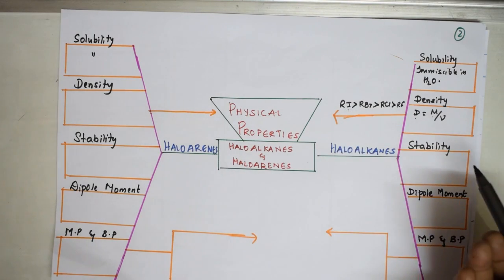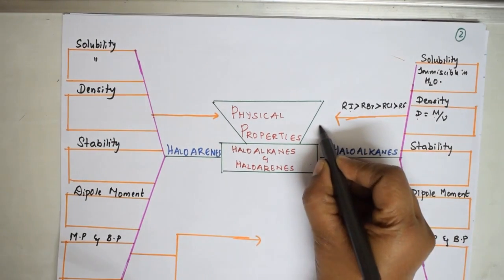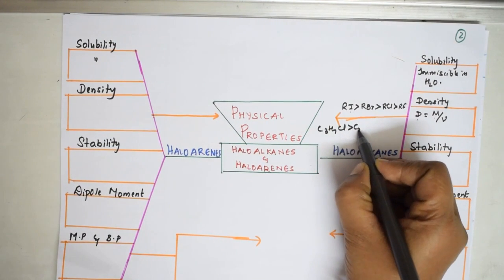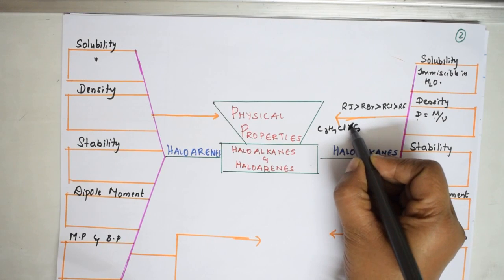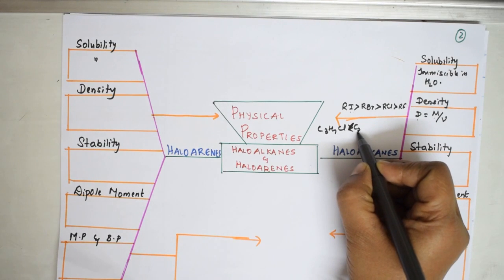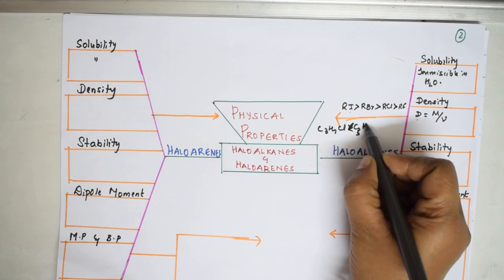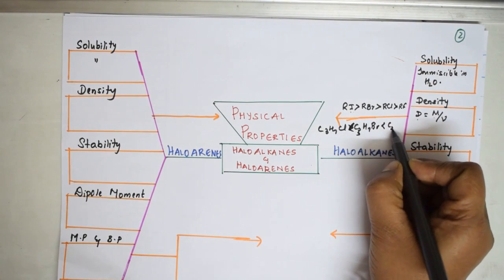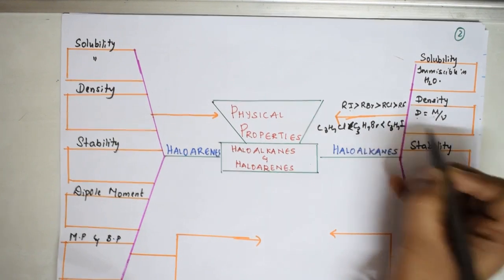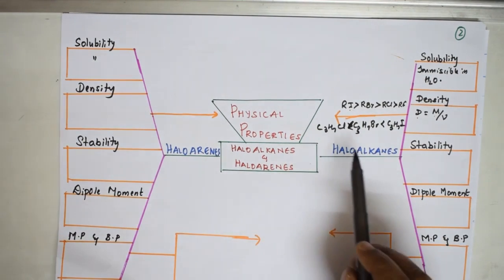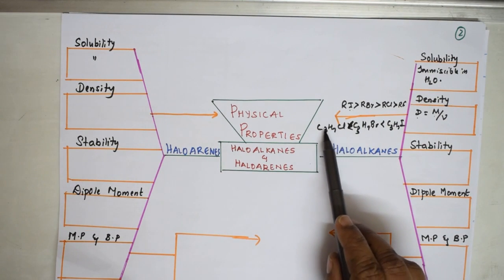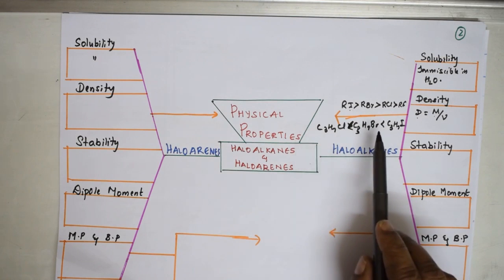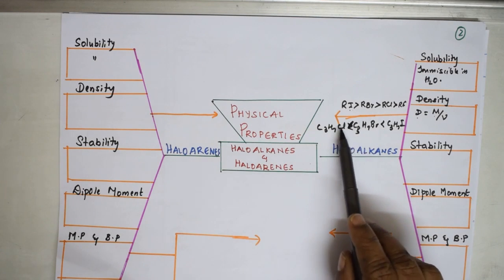If I take one more example, just see here. C3H7Cl is lesser than C3H7Br, which is lesser than C3H7I. What am I trying to explain here? Here the carbon mass is the same, C3, C3, C3. Carbon mass is the same everywhere, but the halogen mass is differing.